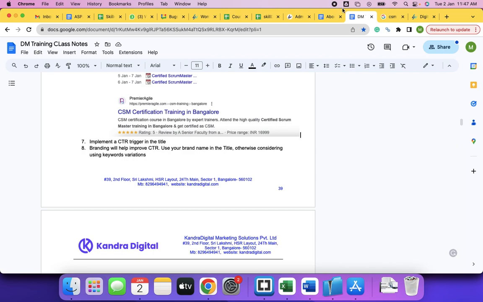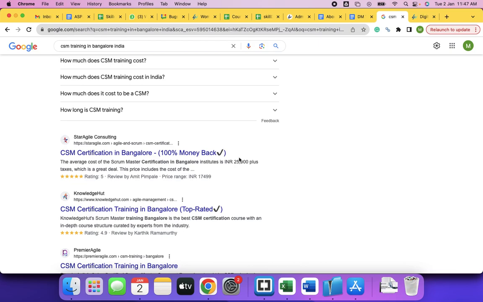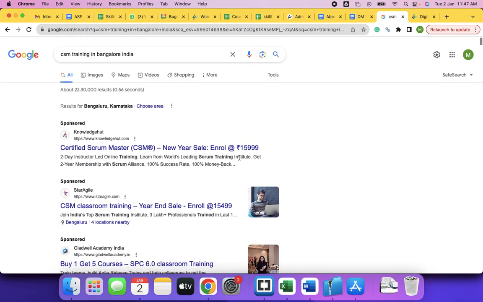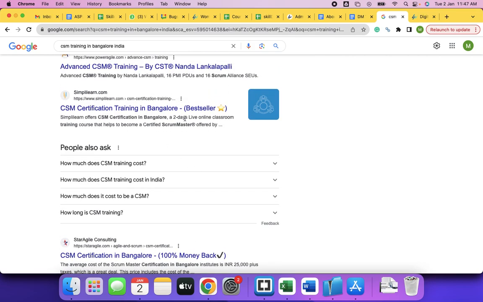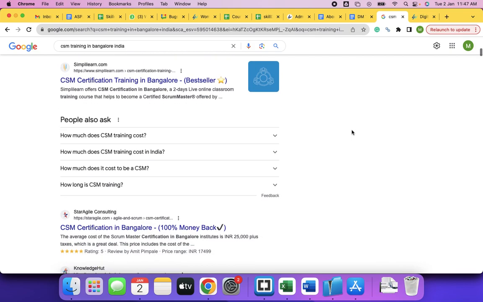So we were discussing another example some time back. Let's assume all these companies, Knowledge Hut, Gladwell, Simply Learn, are known companies to the public, right? So today, if I am starting a new website, xyz.com, and I try to show up on Google, I might not get the expected amount of CTR because nobody knows about my business, my website, my company, correct?